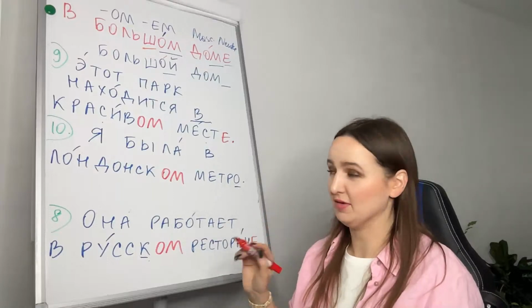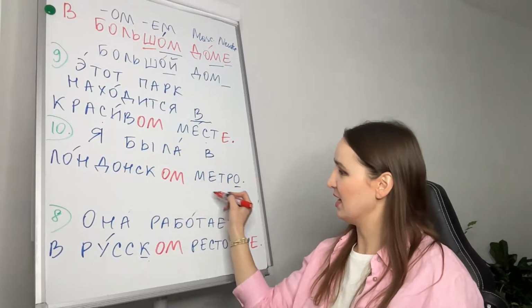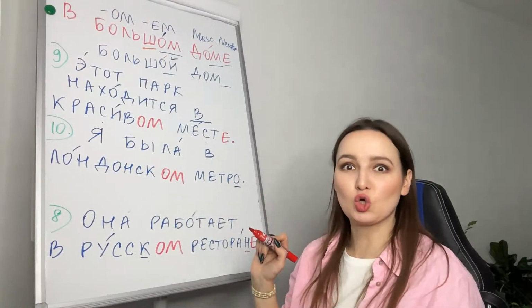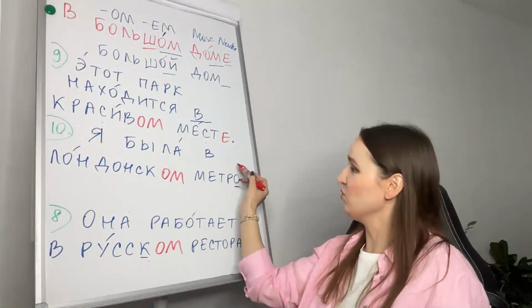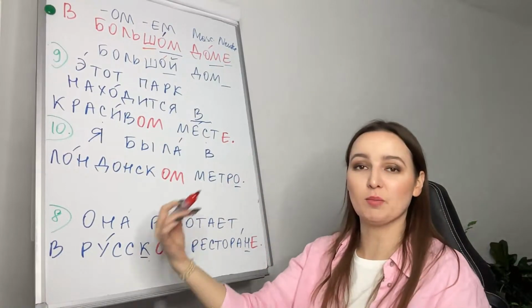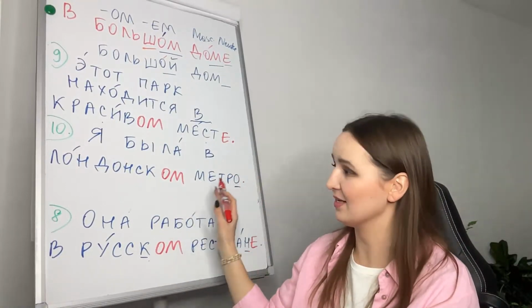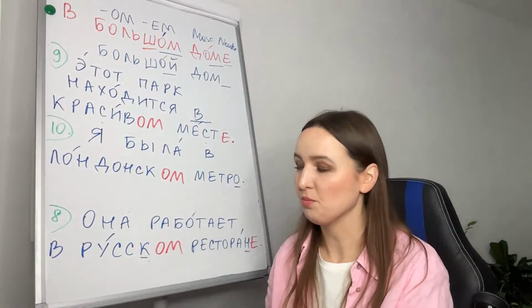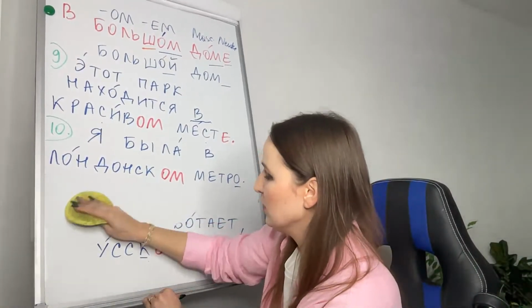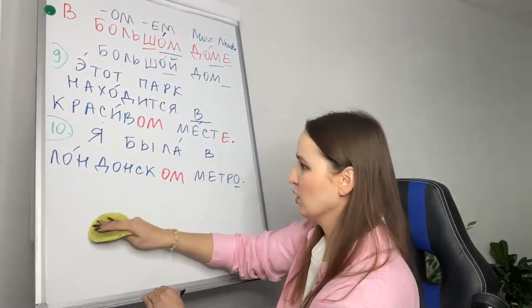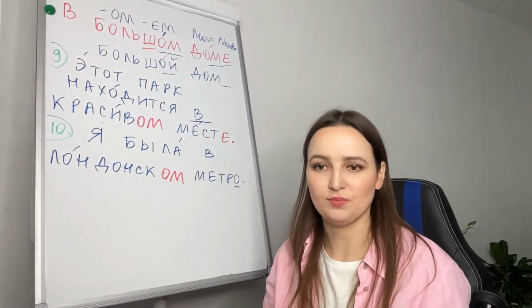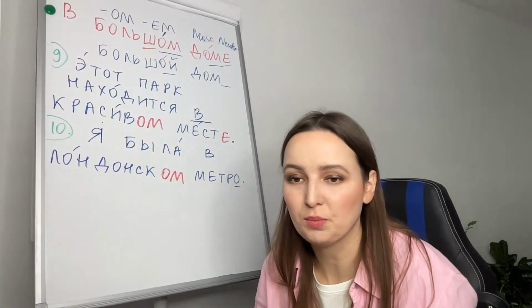No, never. В лондонском метро. According to the rule we would replace it with «е», but we will not do this because it's a borrowed word. В лондонском метро. I was in a London metro. Да, я была в лондонском метро.